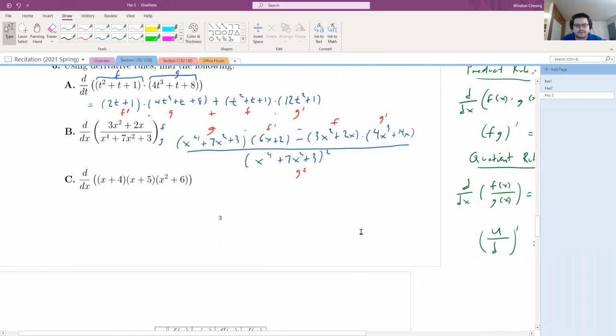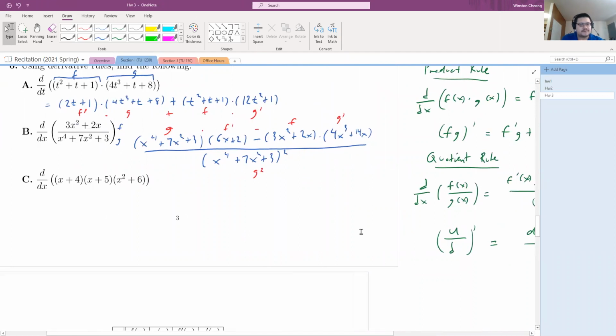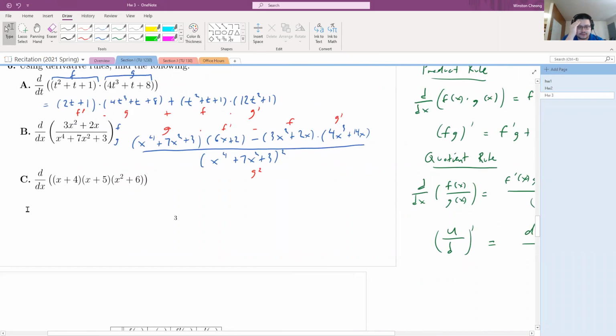All right, so for part C, I want to introduce the generalized product rule, because this is actually a product of three different functions. Another way you could do this is to multiply these two together, and then you've got a product of two functions.